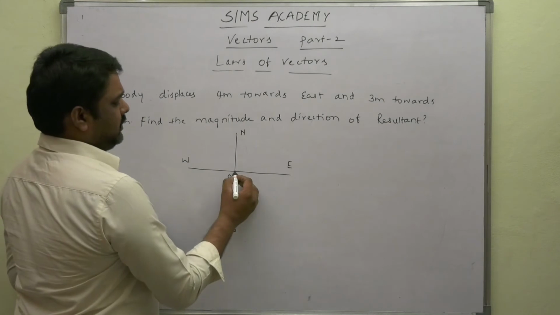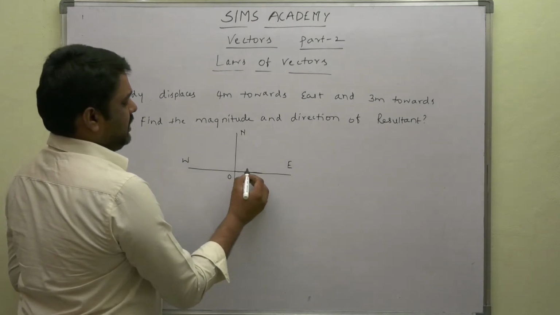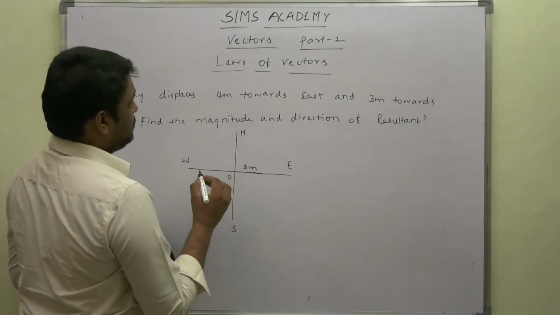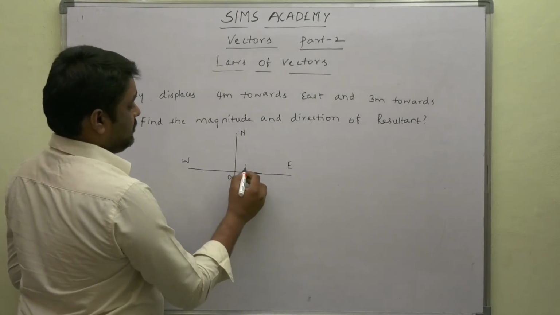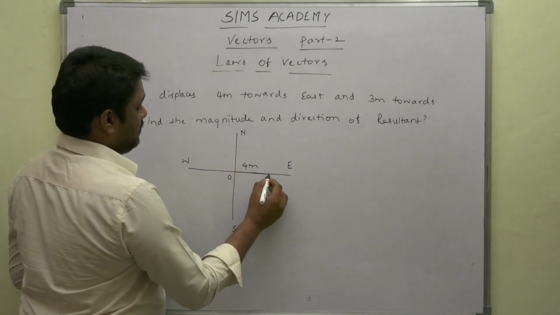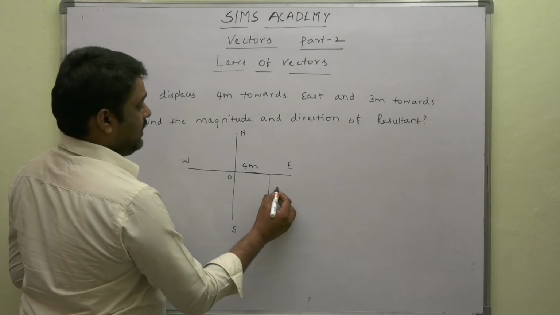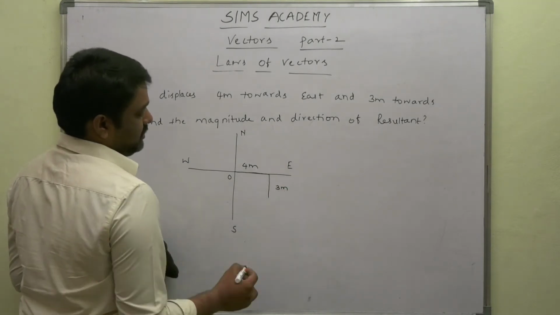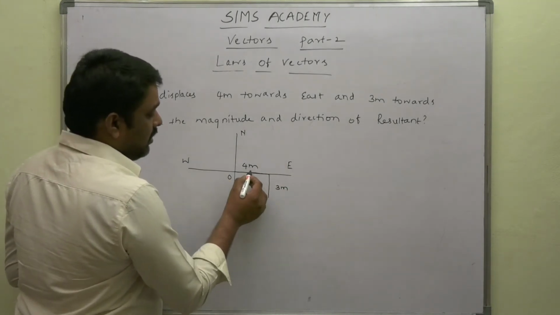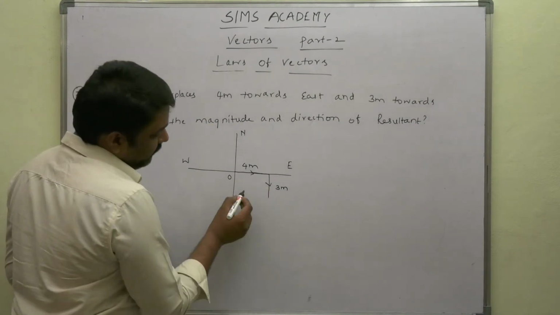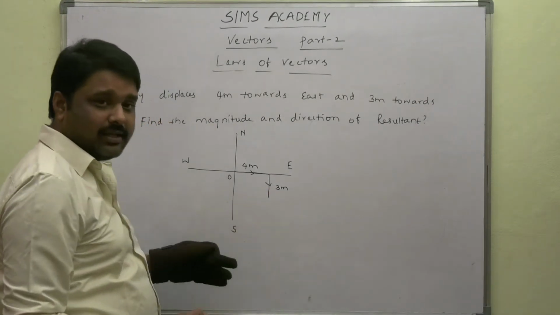Now, it has displaced 4 meters towards east and 3 meters towards south. We have to find the resultant.